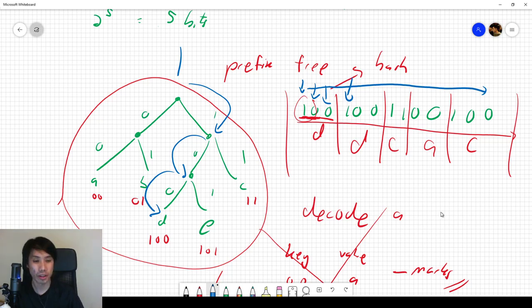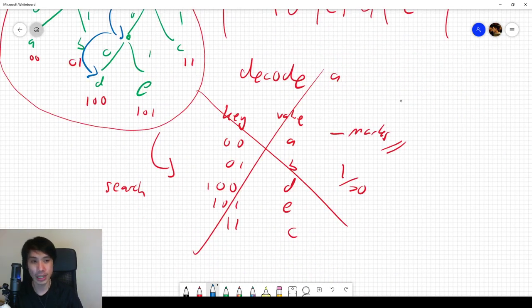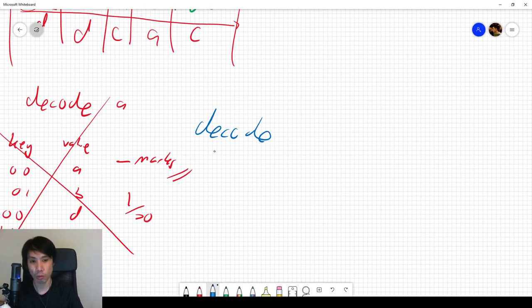Okay, so here is how you're supposed to decode your Huffman coding. Why have I covered the decode first? In my opinion, if I cover the decode first, it will help you understand better why we are actually doing it.